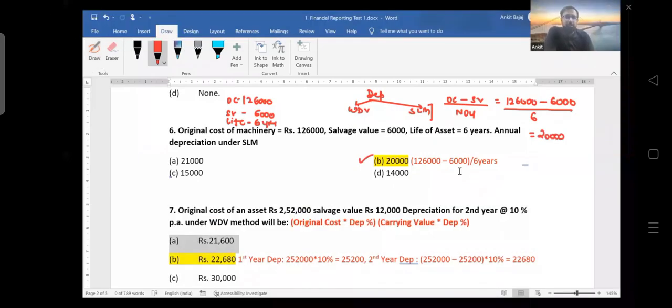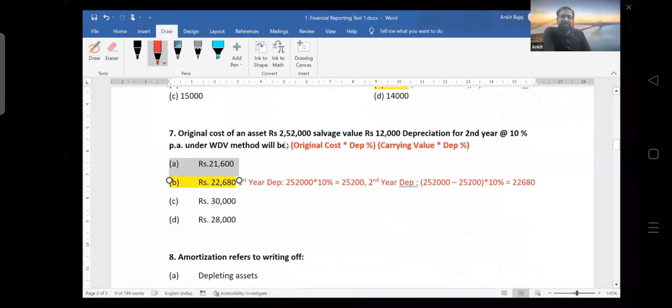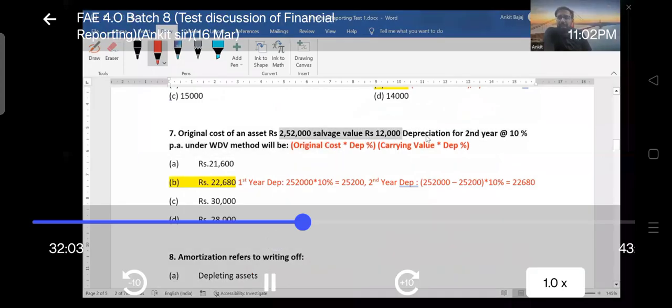Don't worry. Then if you see question number 7, original cost of an asset is 2,52,000 and salvage value is 12,000.